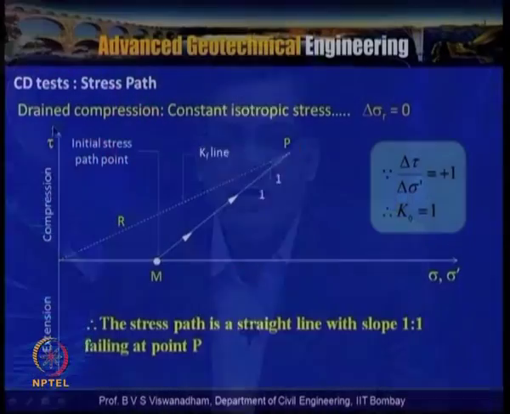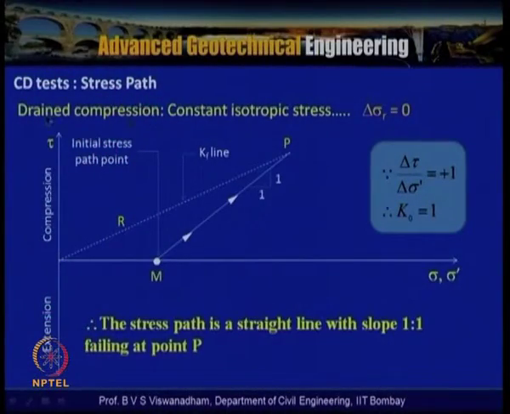In the drained stress path for compression with constant isotropic stress where delta sigma R is equal to 0, the pore water pressure during shearing is 0. This is indicated with compression on the upper axis and extension below, on the sigma and sigma dash axis.